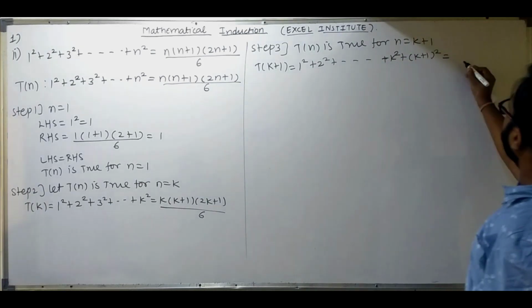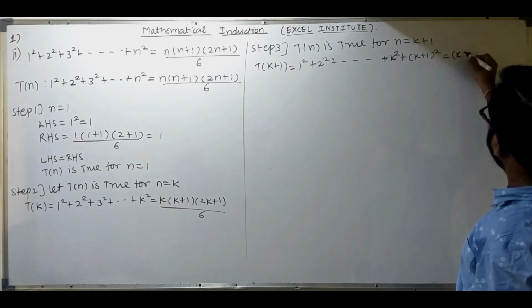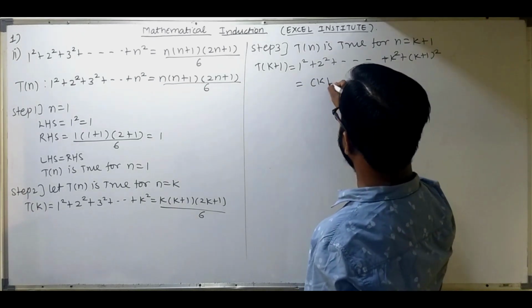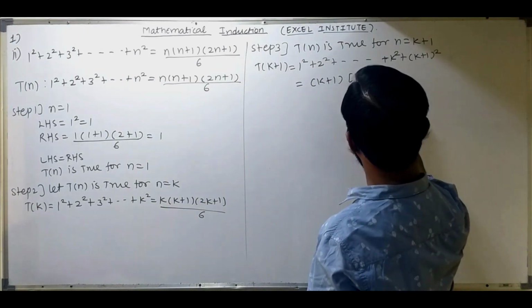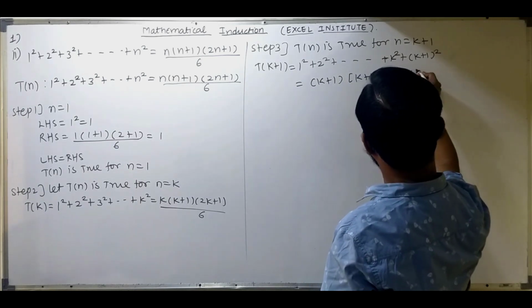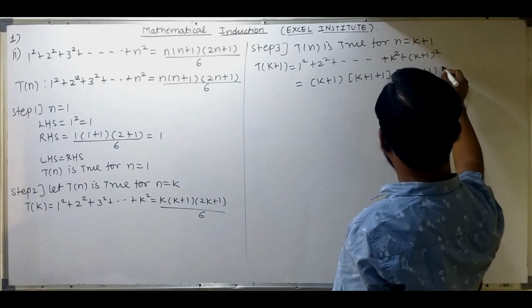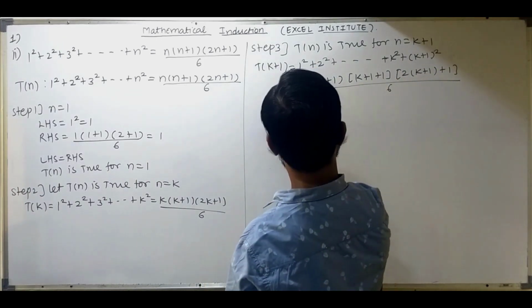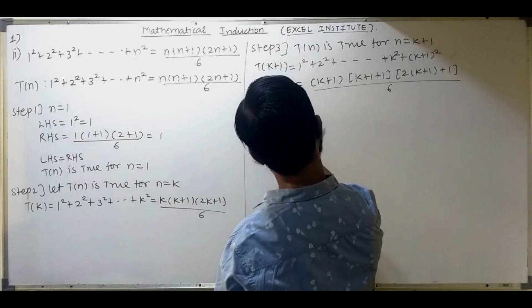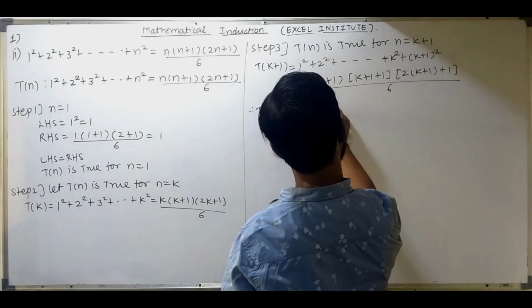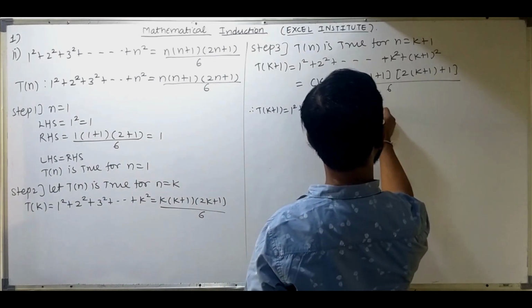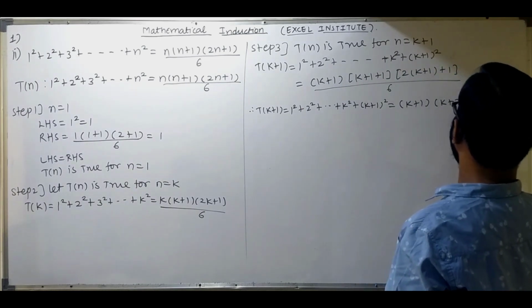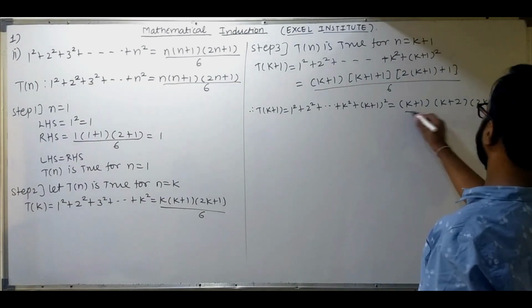Now replace n by k plus 1 on the right side: k plus 1 into k plus 2 into 2k plus 3 upon 6.